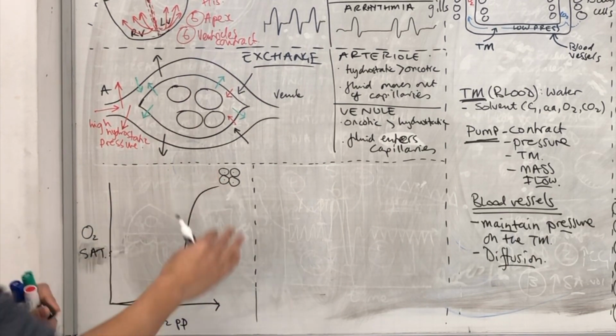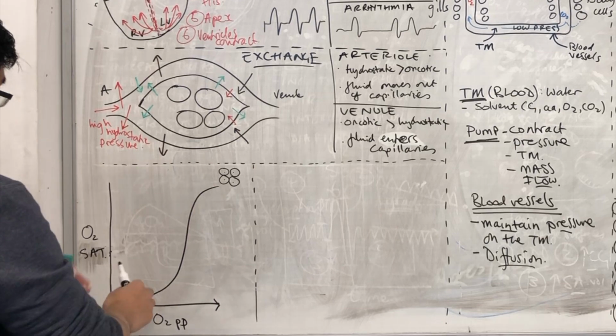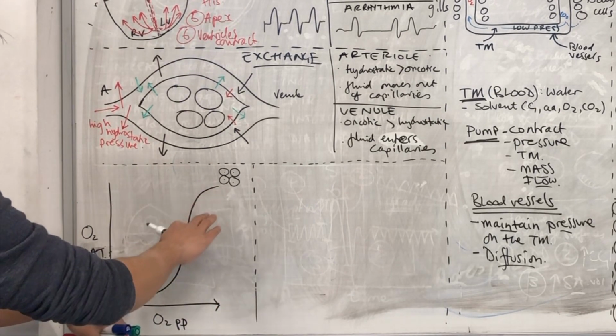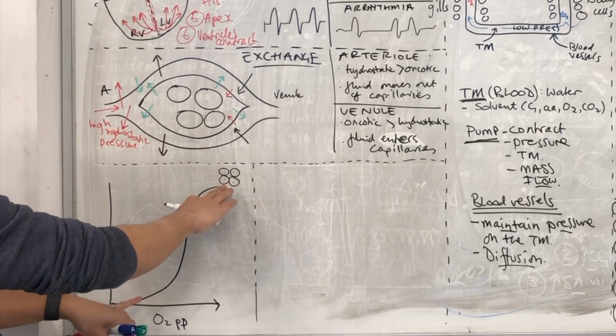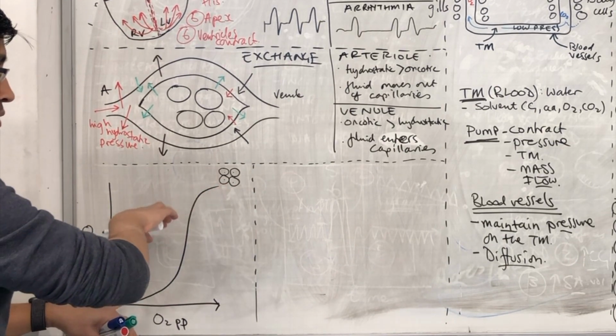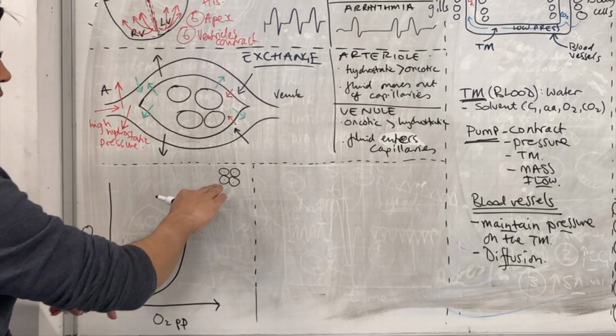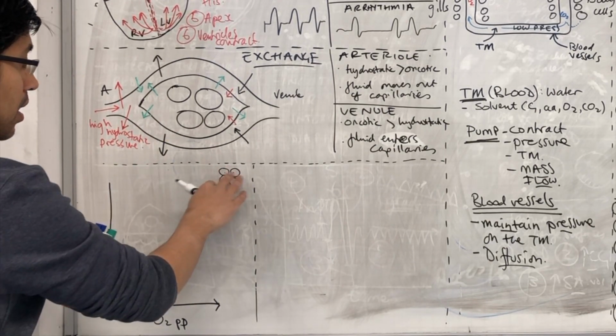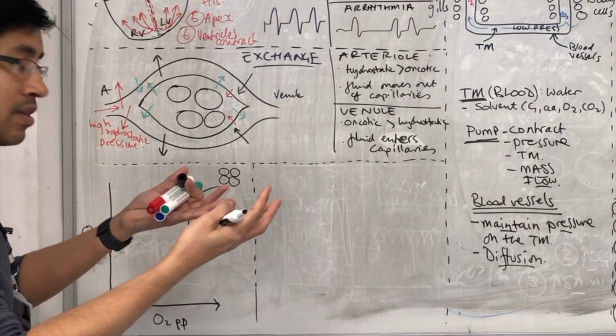It goes up in this sigmoidal curve. So when there's only a few oxygen molecules available, the affinity of the hemoglobin is low. But as oxygen molecules bind, it affects the shape of the other subunits and increases their affinity.